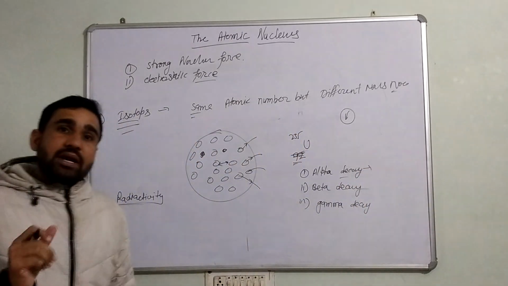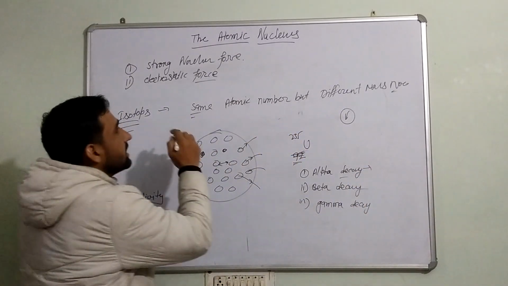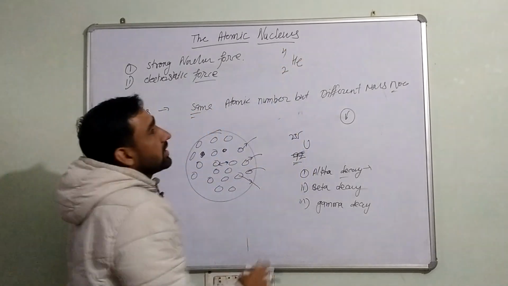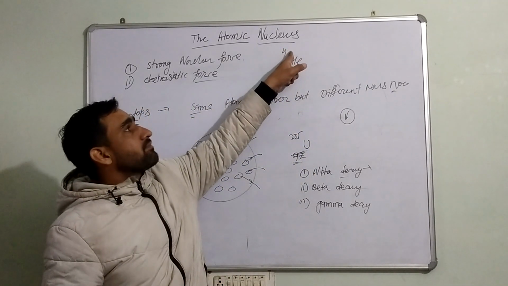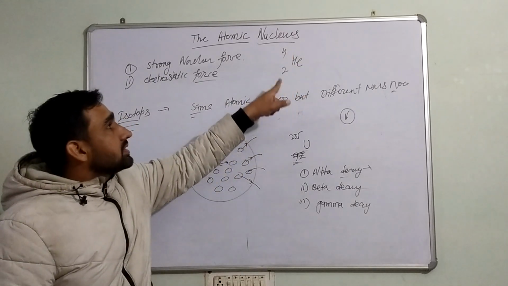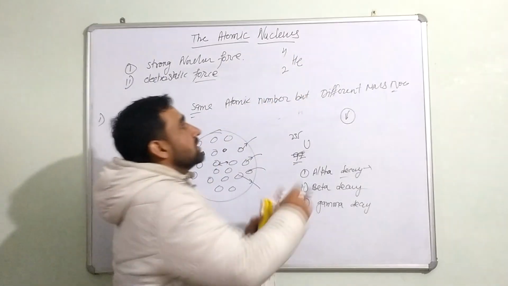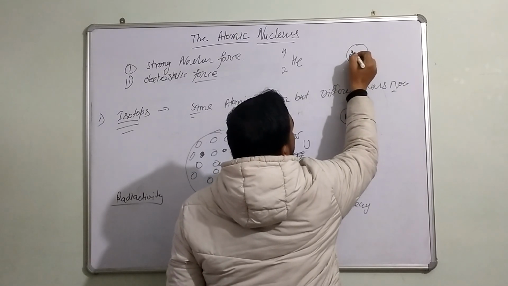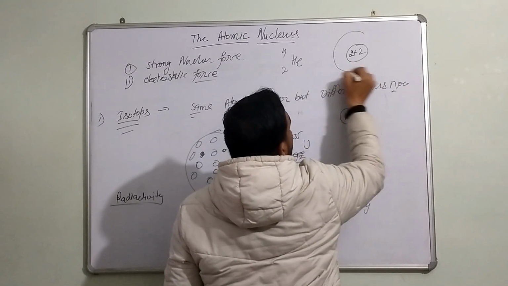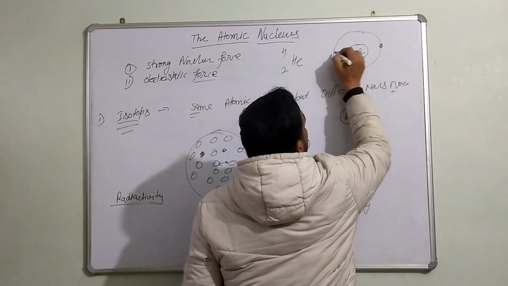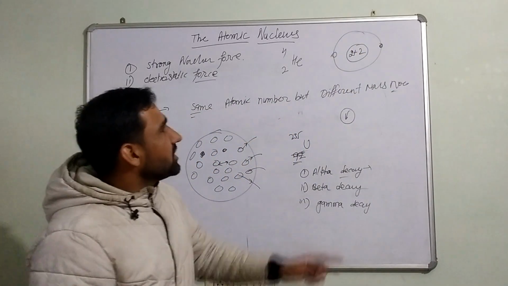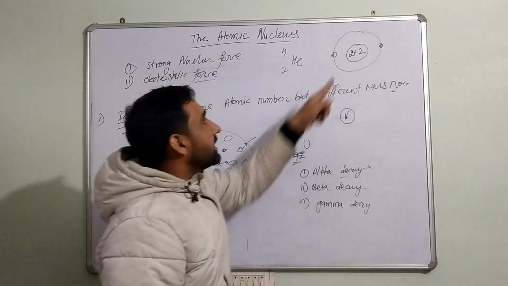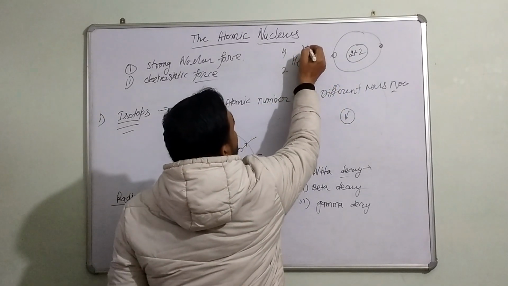Do you know what an alpha particle is? If we see a helium atom, its atomic number is 2 and its mass number is 4. In this helium atom, there are 2 protons and 2 neutrons, and 2 electrons moving around. If we remove these 2 electrons from the helium atom, then a 2+ charge comes out.